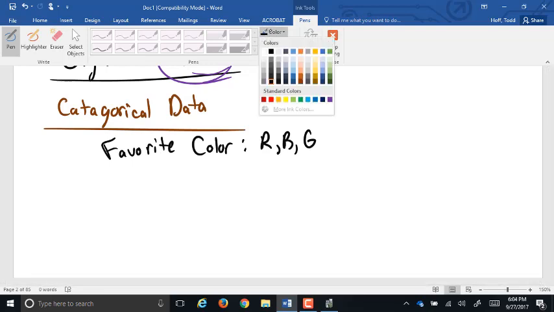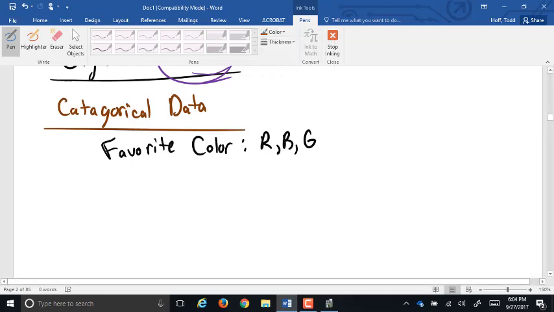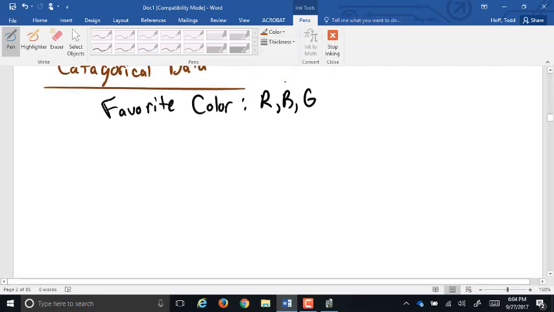Now, I'm not going to go around the room and ask you your favorite color for the sake of time because I'm getting long-winded. So I'm just going to make up some data here.